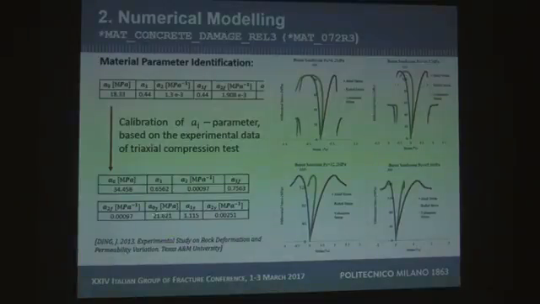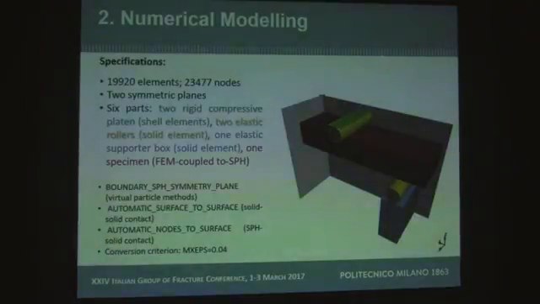We found this data from this article, and by means of careful fitting, we calibrated these A_i parameters. These are the other specifications of the model: the number of elements, nodes, symmetric planes, number of parts, the boundary conditions, contact treatments, and also the erosion criteria.